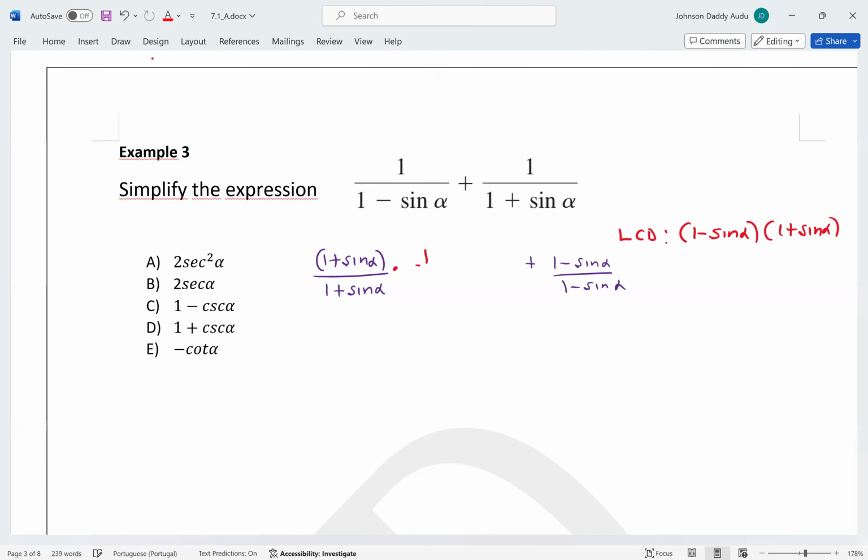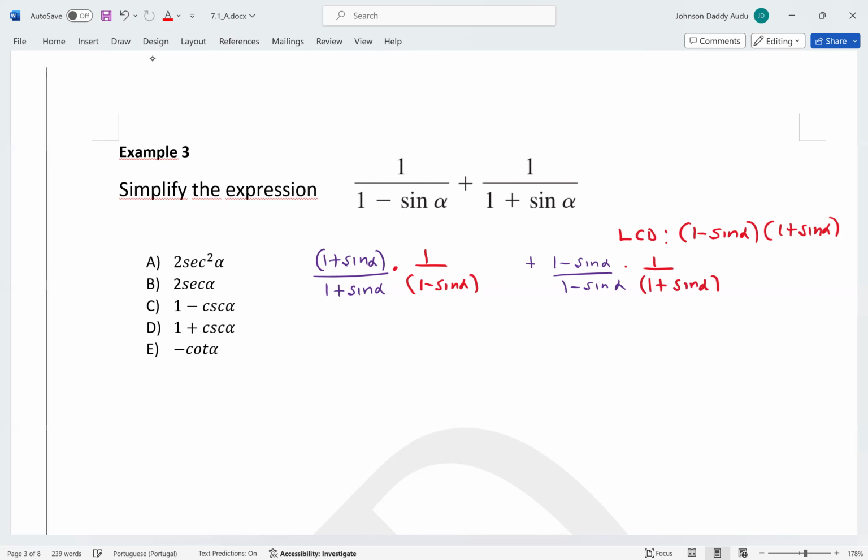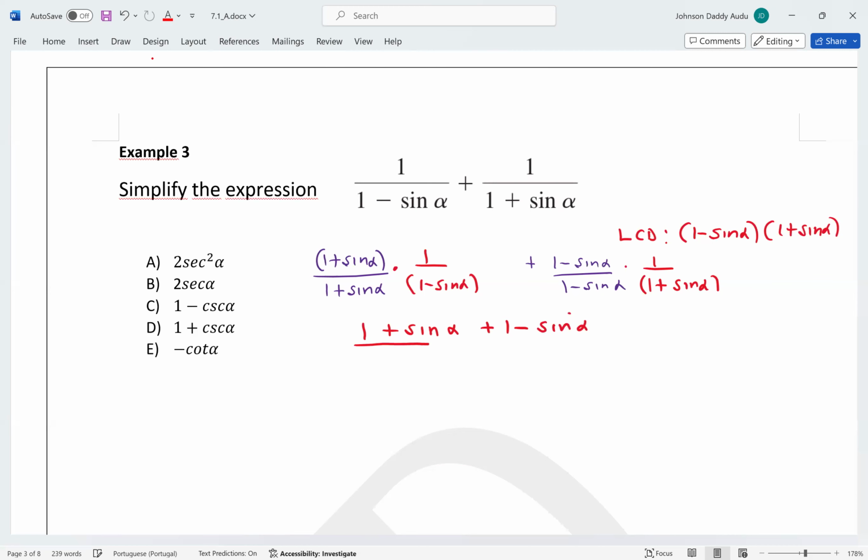So here we'll have 1 over 1 minus sine alpha, and then plus 1 over 1 plus sine alpha. So if you look at this, we will have 1 plus sine alpha plus 1 minus sine alpha, everything over the product, which is 1 plus sine alpha times 1 minus sine alpha, right?